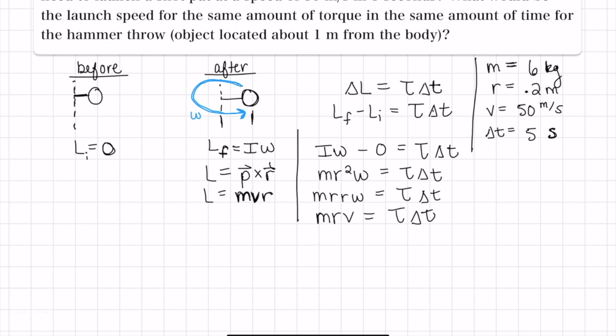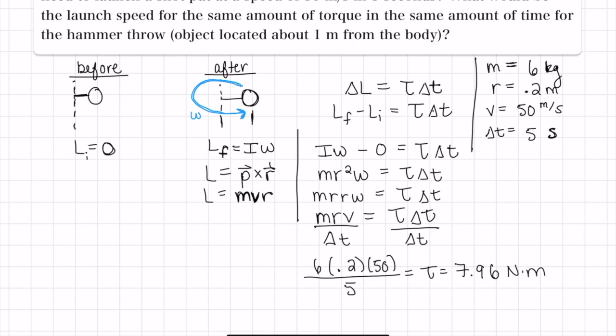From this point, we just want to divide by delta t because we're interested in solving for torque. Then we can substitute in. So we'll have 6 times 0.2 times 50 over 5 is our torque, which is going to give us 7.96 newtons times meters.